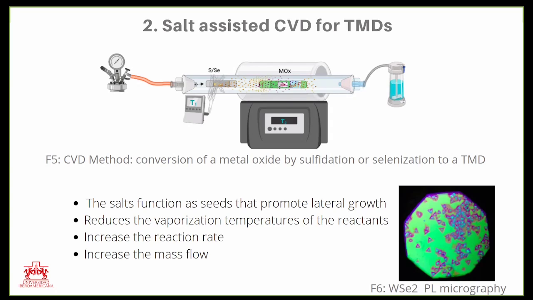It's hard to reproduce. I think that it's the biggest limitation. Actually, in the next months, we want to use a CVD liquid method, like the 2.0 salt assisted CVD method.